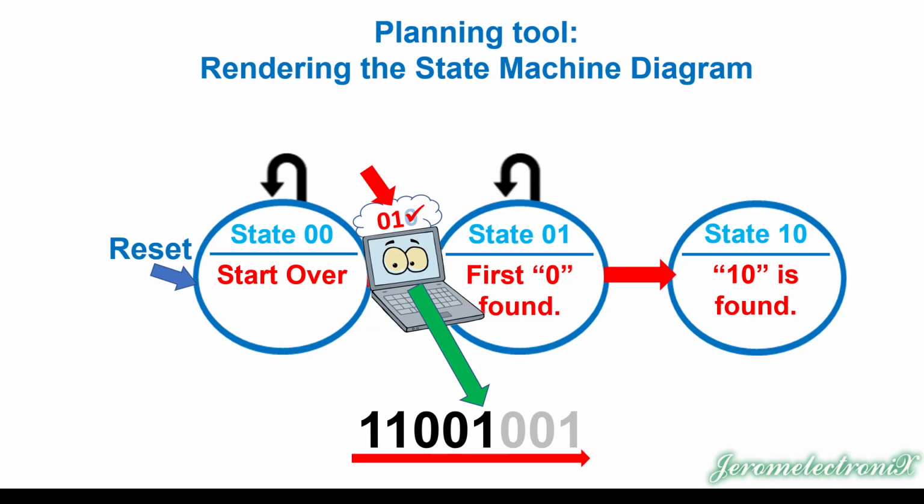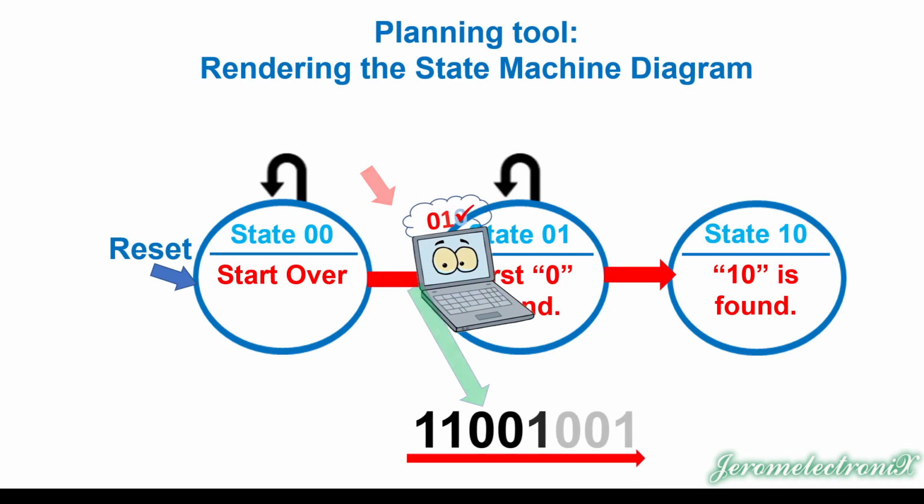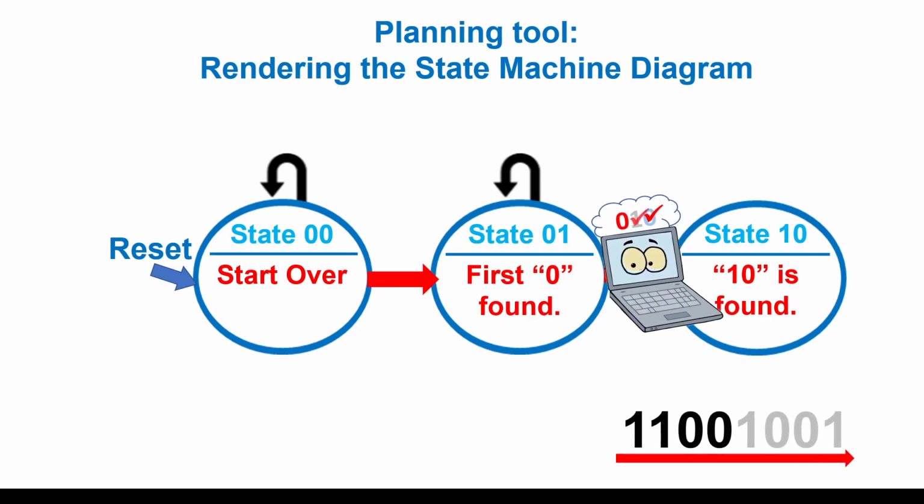Now, that 1, 0 doesn't really have anything to do with the name of the state, but it's convenient. And so the attention of the computer moves to this state, because we found the first 2 digits.